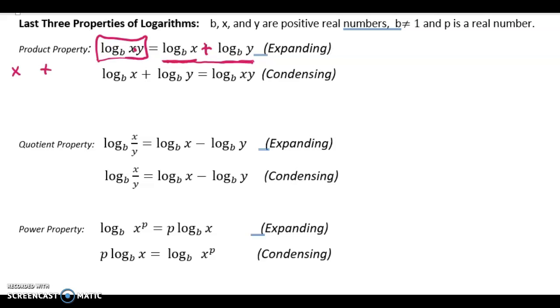And the opposite, condensing, would be if I were to give you this, which is already expanded. And if I were to ask you to condense it, I want you to crunch it back up. So if I were to give you log base b of x plus log base b of y, and I asked you to condense, then your answer would be log base b of x times y. So we're going to get to problems where we're going to do this in a minute.